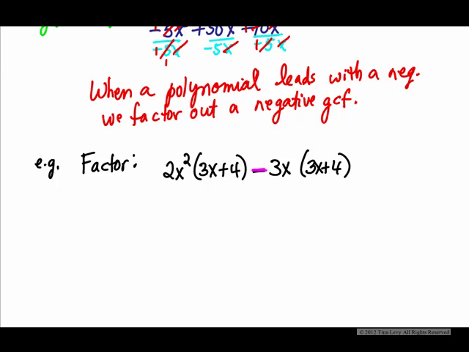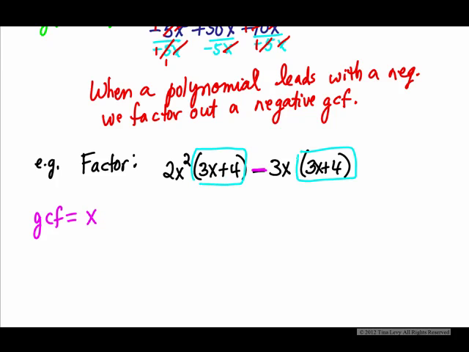So in this one right away, we've got a 2x squared and a 3x. So we can see that the greatest common factor certainly is an x. But the other part of this is we have a 3x plus 4 in both of these. So the 3x plus 4, I'll put a little box around it, is common to both.